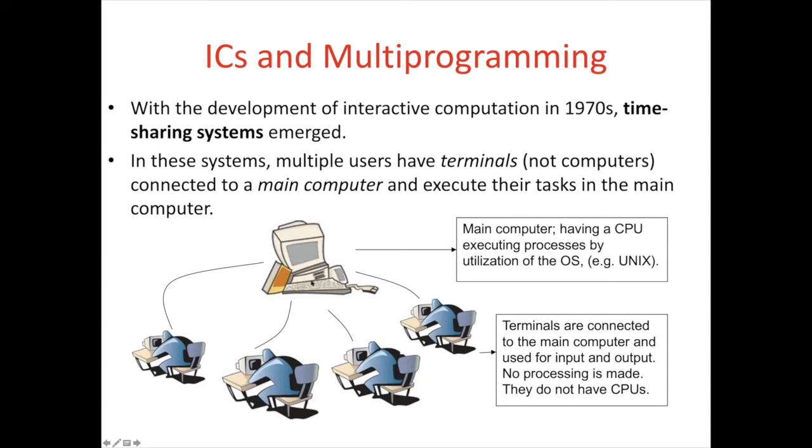Here we have the main computer having a CPU executing processes by utilization of the operating system, for example, the Unix operating system, and these are the terminals. Terminals are connected to the main computer and used for input and output. No processing is made in the terminals. They do not have central processing units.